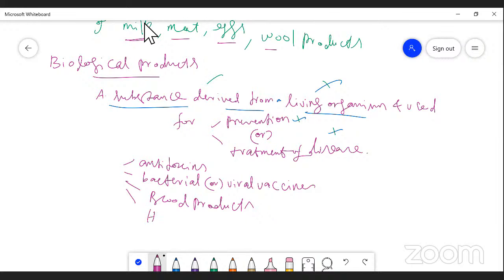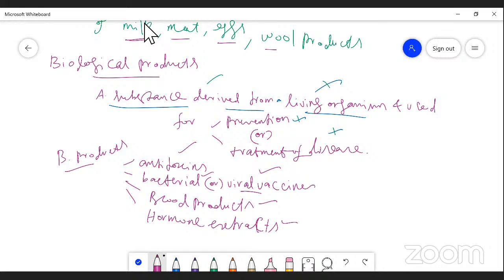Hormone is also a bioproduct. These are all examples of biological products or bioproducts: antitoxin, bacterial vaccine, viral vaccine, blood product, or hormone extract.